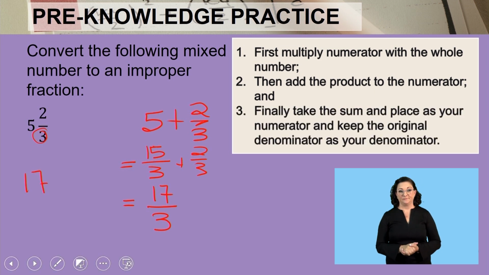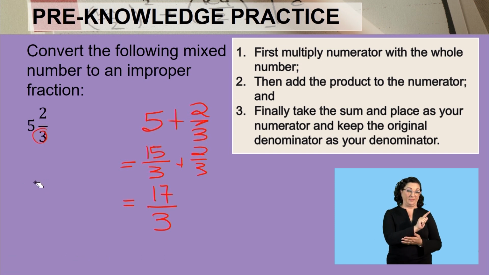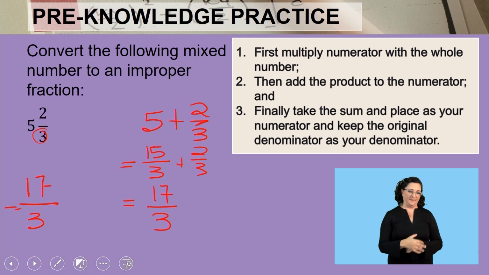And the last thing we need to note is we take the sum, which is 17, and write it out of the original denominator, which is 3. So 5 2/3 is the same as 17 out of 3.